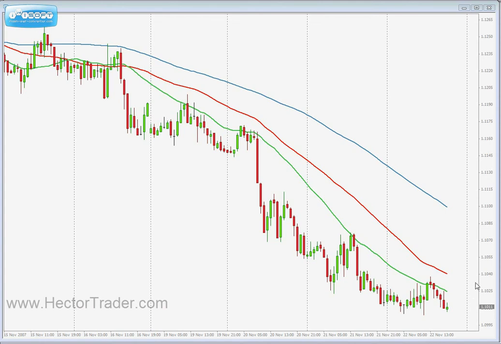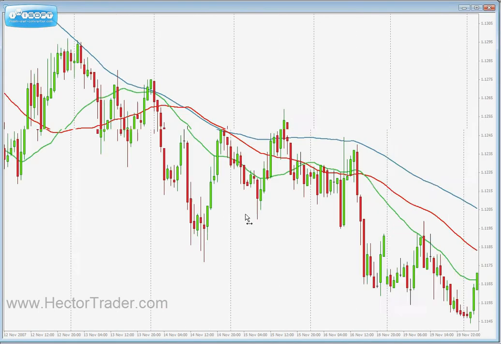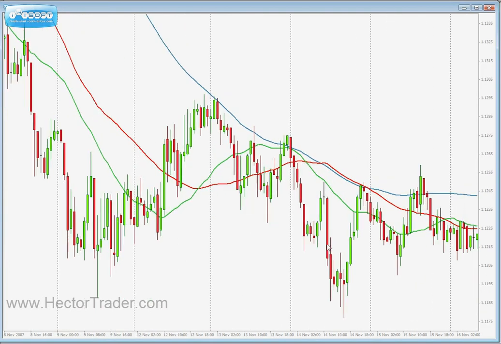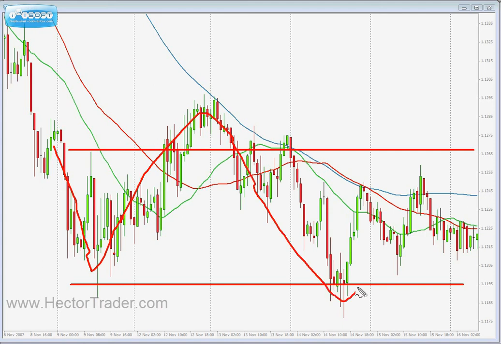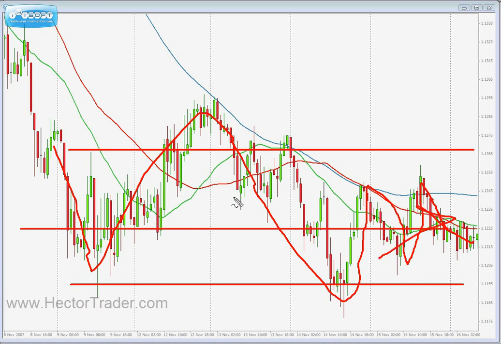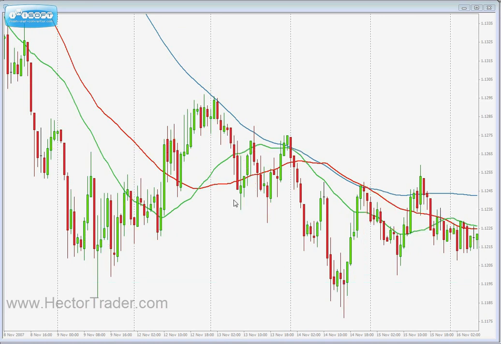Let me scroll back in my chart, for example. Right here I am showing you a range bound market, a very clear one. Price is basically whipping up and down, and up and down again. It's moving sideways, or at least it's definitely not moving in any particular direction.